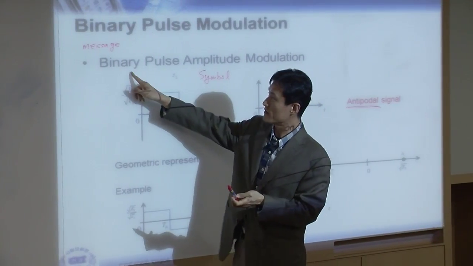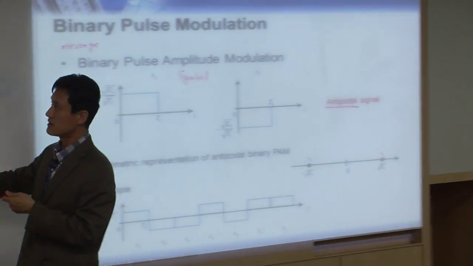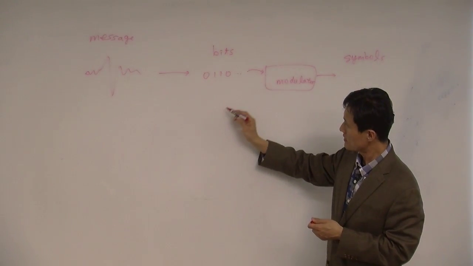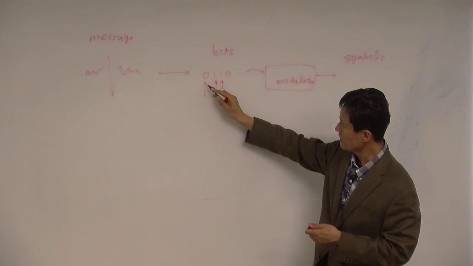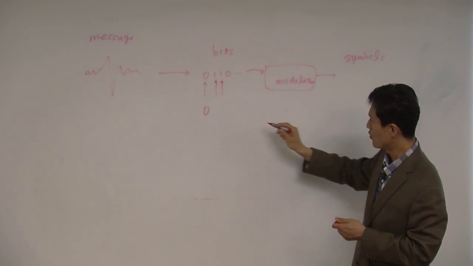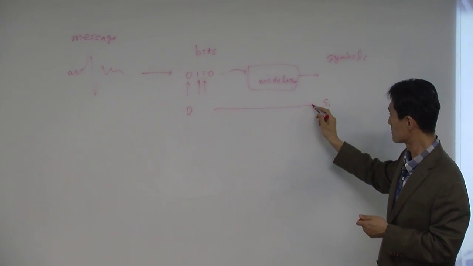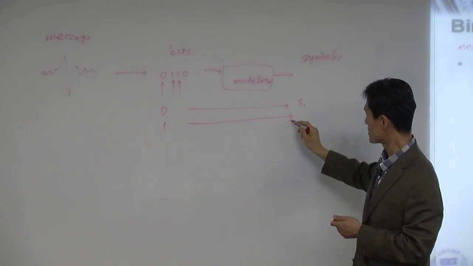If you have a binary PAM, how to do that is you have a sequence of bits. When you look at the bits one by one, if this bit is a 0, we transmit it as 1. If you have 1, you transmit it as 2.